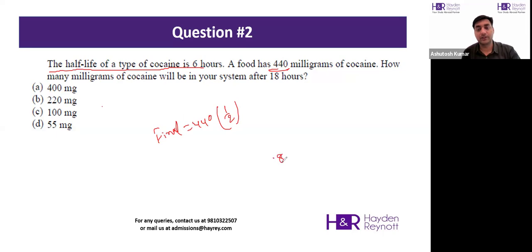Here there are a total of 18 hours, but in those 18 hours it is changing only after every 6 hours. So the number of changes here will be 18 divided by 6, that is 3, so power 3. When you simplify this, it will be 440 into 1 upon 8. Simplifying further, you will get 55 milligrams. Okay, so the answer is D.